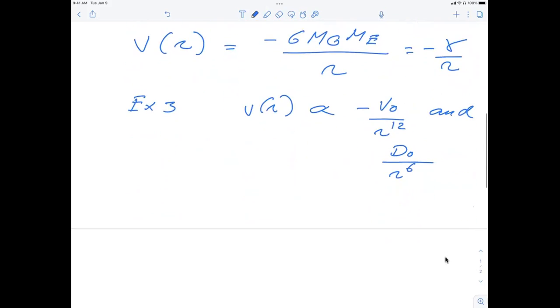But let's see a little bit what we did some weeks ago when we looked at the gravitational force. So what we want now is the derivative of this quantity.